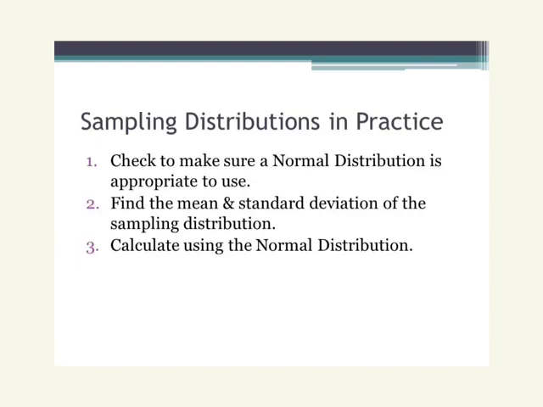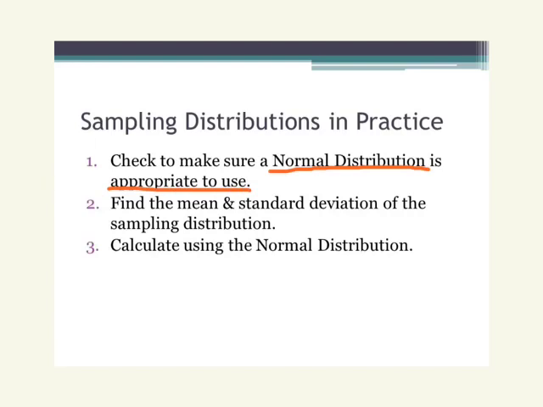We know how to use the normal distribution, so it should be pretty familiar to us. We should be comfortable with that, and so that makes our life pretty easy in statistics. So when you look at our process here, to actually use a sampling distribution, step number one is to make sure that a normal distribution is appropriate to use. We'll talk about how to do this in a moment.